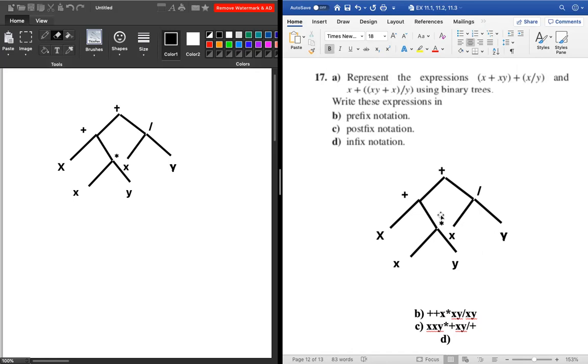So the infix notation is: I visit the left child, this x, and then I visit the root plus, and then I visit this left child here, x, then I visit the root multiply, and then this right child, y, and then I visit this plus here, and then I visit this x here, this division, and then this y here.